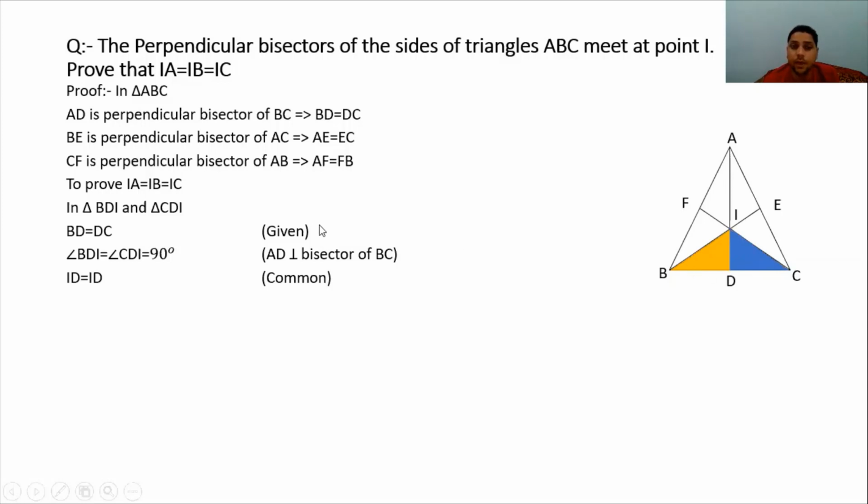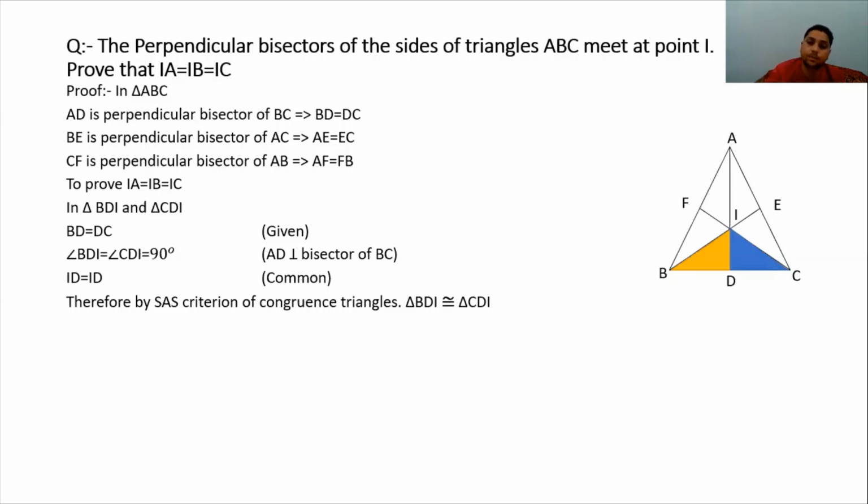So we have BD and DC as a side, then an angle, then again a side. By the criteria of SAS, side angle side, these two triangles are congruent to each other.